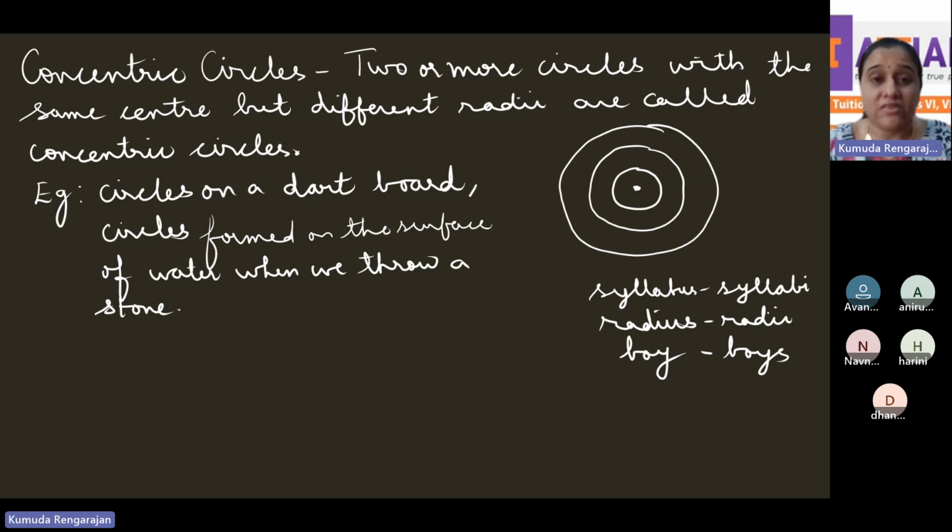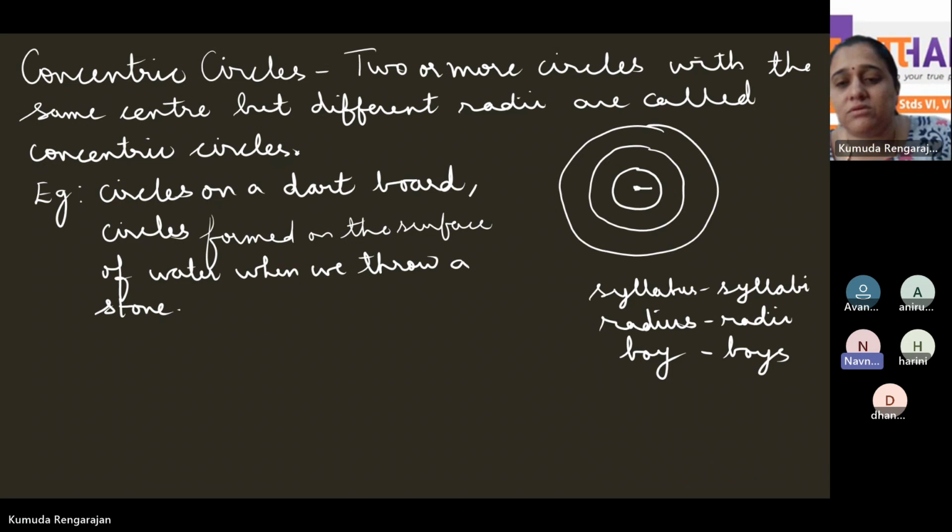Have you noticed that? They are concentric circles. Where the stone hits the water, that's the center. From that center, you can see many circles formed. The innermost circle will be the smallest. Then the circles keep growing bigger and bigger. So the radius will keep increasing. Correct?